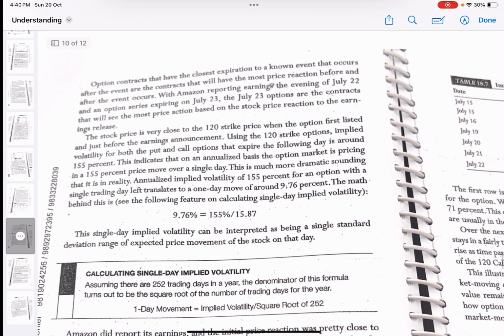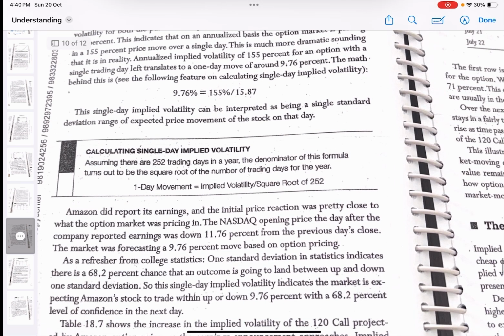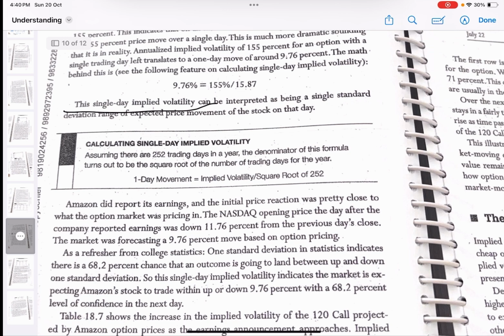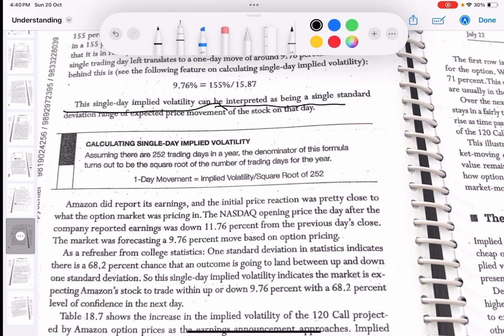Okay. So a single day implied volatility can be interpreted as being a single standard deviation range of the expected price movement on that day. So how do you basically calculate a single day IV? Let's say there are 252 trading days in a year, because there are a lot of weekends and government holidays on which the market is closed.